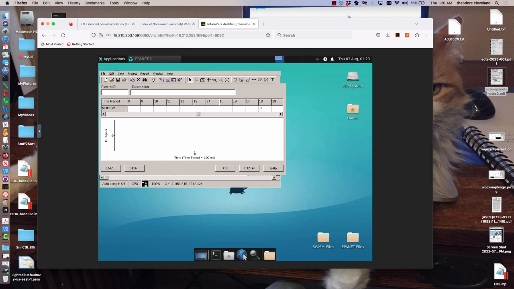18, 19, 20, 21, 22, 23, 24. So 6 increments. I want to lose 2 each step.